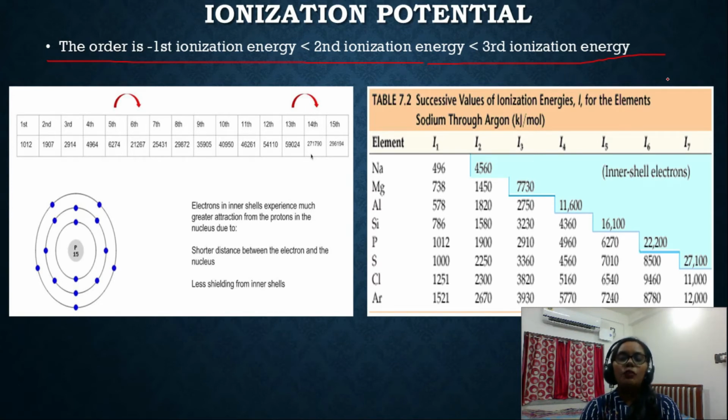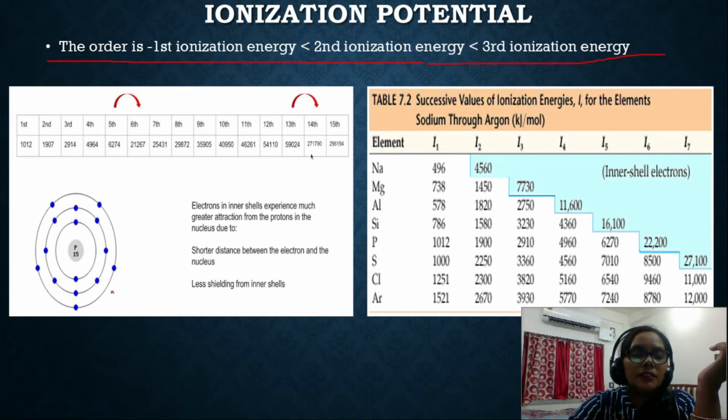Why? Because look, if we have this material, this is phosphorus, right? From the outer orbital we have removed one electron. Now what is the count of the electrons? If one electron is removed from the outer orbital, that means 14 electrons will be there. So this is the first ionization energy. Now again, I want to remove one more electron.